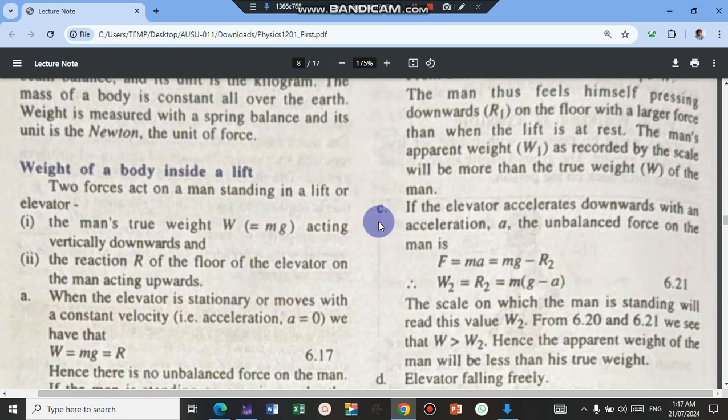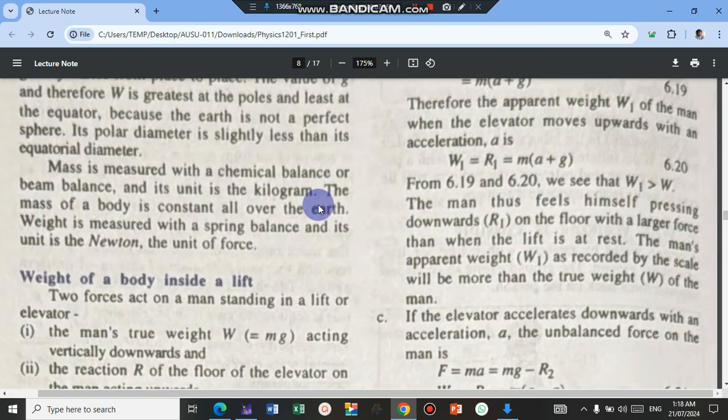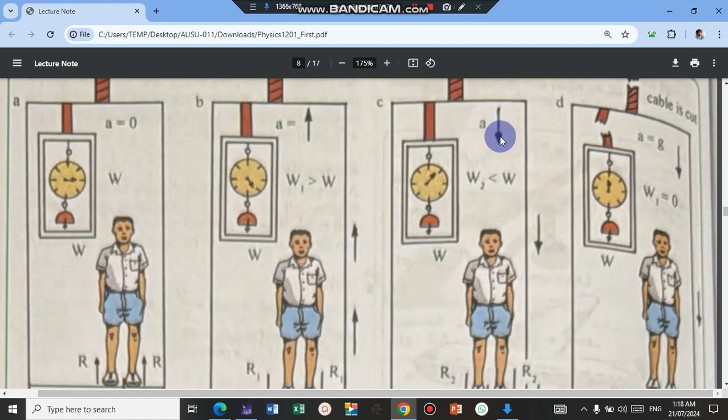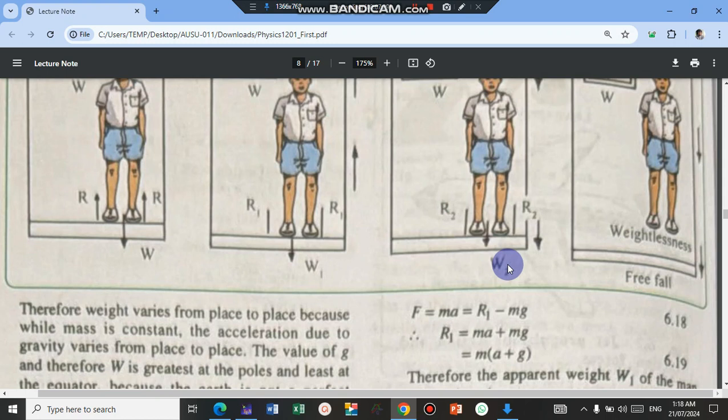Then the third thing: if the elevator accelerates downward, now the elevator has a downward acceleration, there will be an unbalanced force. Remember, we said that if it is going upward, the reaction on the floor is more than the weight. But if it is going downward with a downward acceleration, the weight is greater than the reaction.